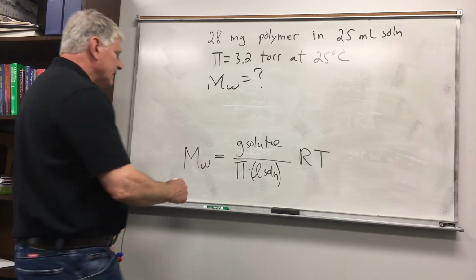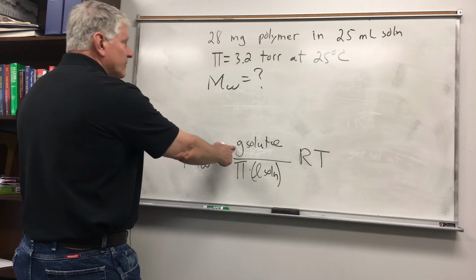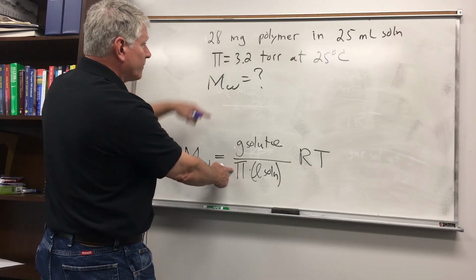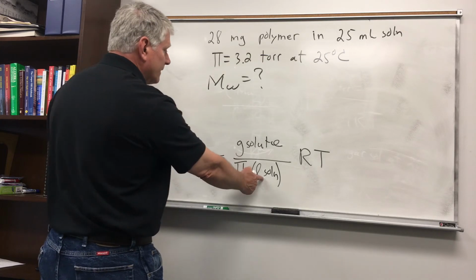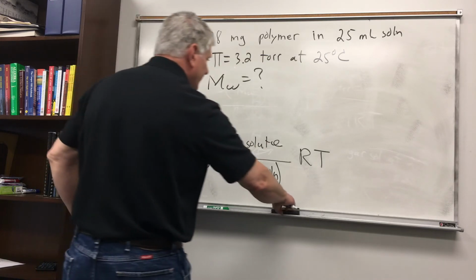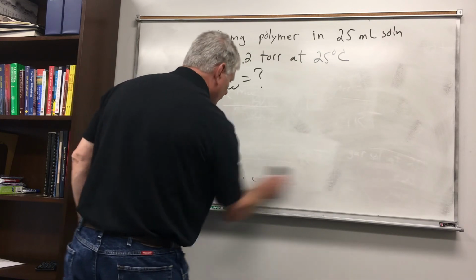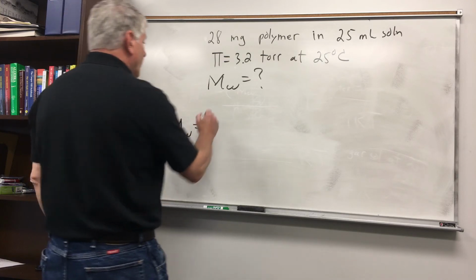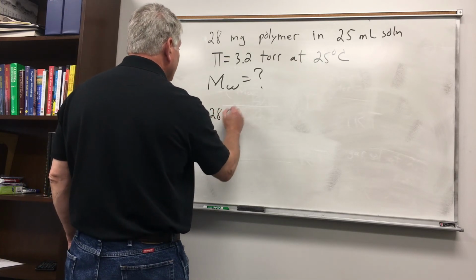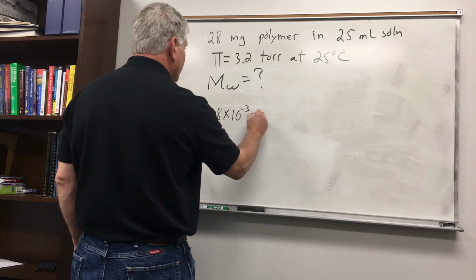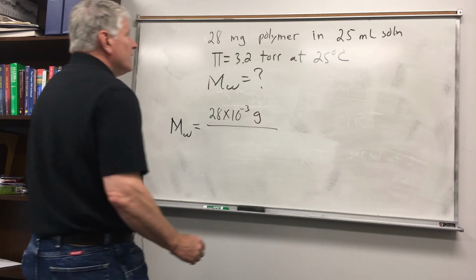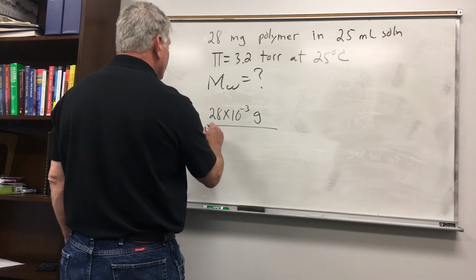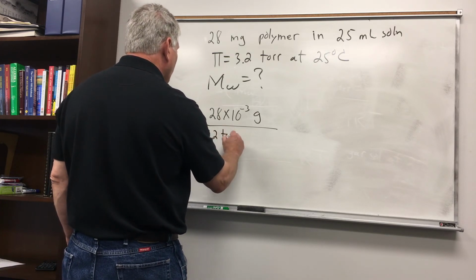So the molecular weight is equal to the grams of solute, which is 28 milligrams, divided by the osmotic pressure, and liters of solution. So we have everything we need. So we'll calculate the molecular weight. Grams of solute, 28 milligrams. So this is 28 times 10 to the minus 3 grams. And then divided by the osmotic pressure, so 3.2 torr.